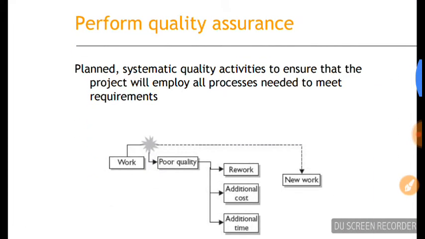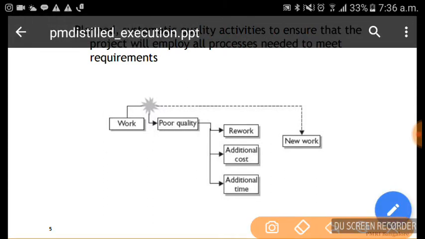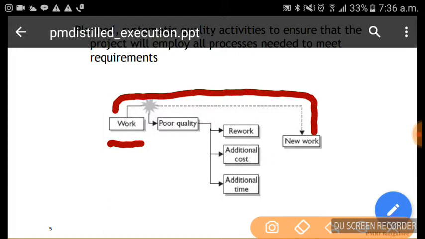In perform quality assurance, if the work performed is of good quality, no problem, we can move on. But if it is of bad quality, then it will end up in rework, additional cost, and additional time.